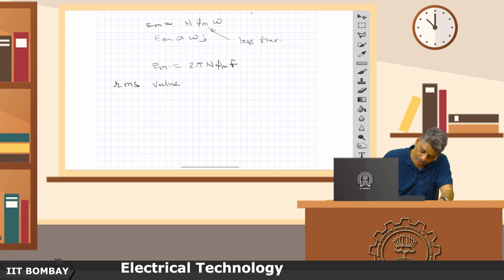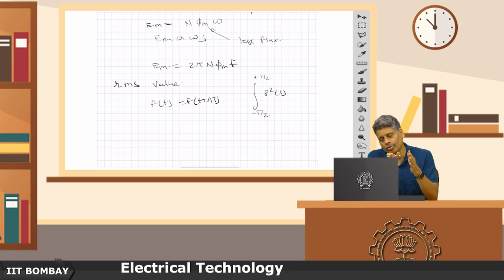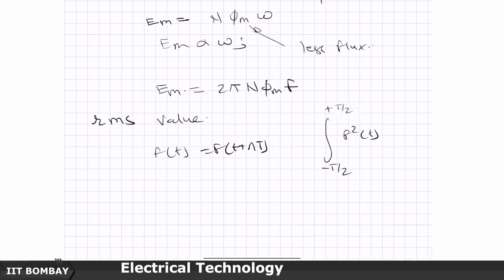What is the root mean square value of a waveform? If the periodic waveform is f of t equal to f of t plus T, then I go from minus T by 2 to T by 2 and look at f square of t, because with sinusoids, whether they are sines or cosines, the average value is 0. So, you want to get a handle on it, and we will have more about these RMS values.